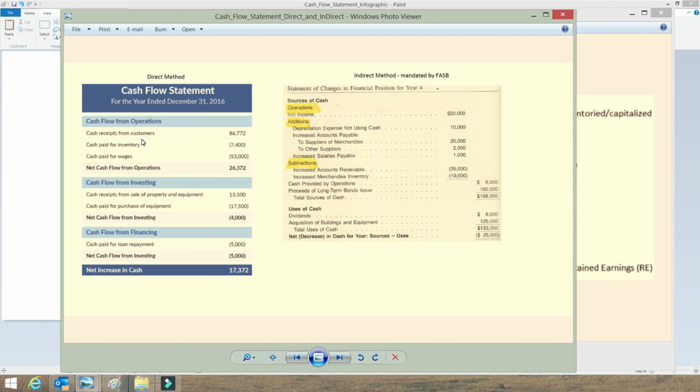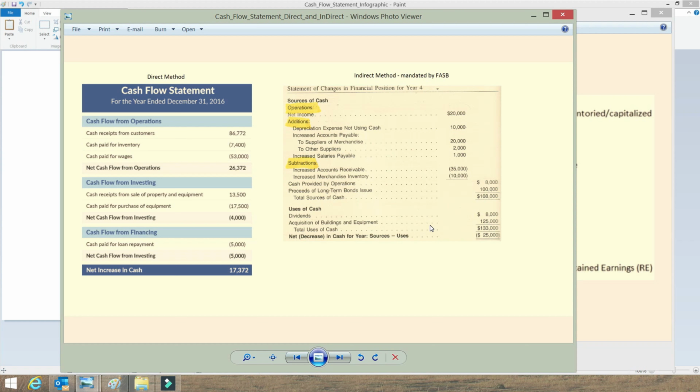That can be a little involved to determine from accounting information, having to go back to look at sales and beginning and ending accounts receivable. Some companies will even build into their accounting systems attributes associated with transactions, so it's clear whether a transaction involved cash or not. So when it comes time to calculate this kind of roll-up number, it's easier to calculate. It is straightforward, showing the cash flow from operations, from customers, inventory, wages and such, and then cash flow from investing, and then you end up with a net cash flow.